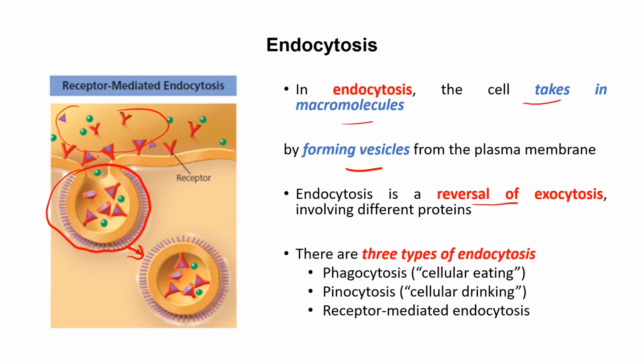There are three types of endocytosis. The first one, phagocytosis, then pinocytosis, and receptor-mediated endocytosis. And this is a very important process. Why? Because, for example, if in the future we want to cure many diseases, we need to put in new genes.